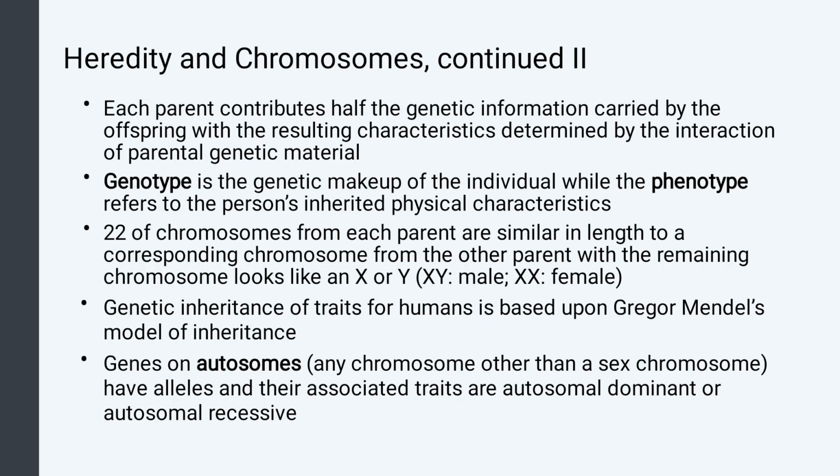Next, 22 of the chromosomes from each parent are similar in length to a corresponding chromosome from the other parent, with the remaining chromosome looking like an X or Y. So each offspring has 23 pairs of chromosomes. 22 are similar, and the 23rd pair determines whether the offspring is male or female.